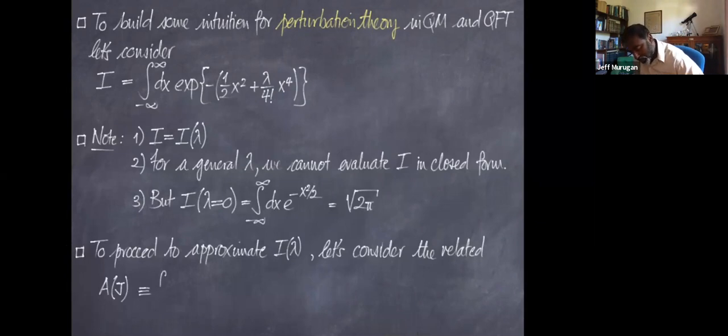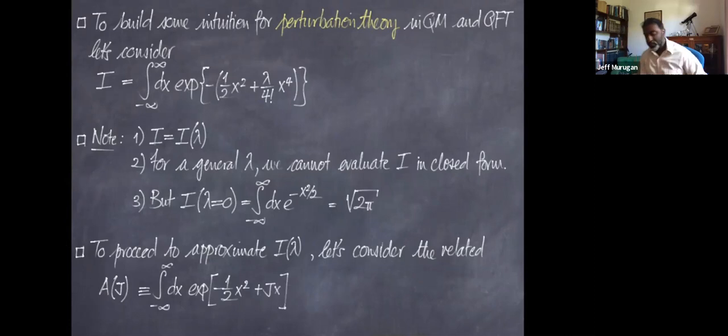And my integral A is going to be the integral from minus infinity to infinity of the following exponential. It'll be the same Gaussian, so minus a half x squared plus some term that's linear in x.